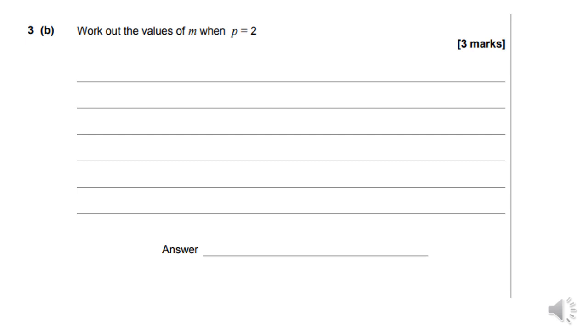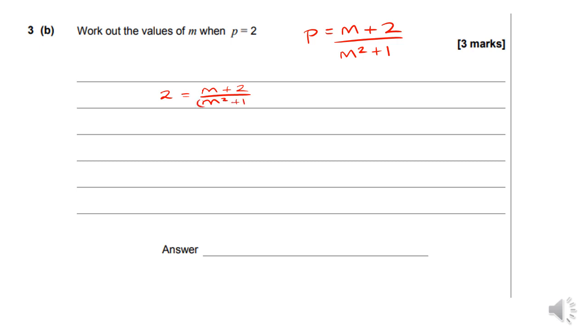3b, a little bit tougher, so I'm just going to jot the formula up here so that I don't forget it. We've got p equal to m plus 2 all divided by m squared plus 1. And again, it's a little bit of substitution and then a bit of solving. So we know that that equals 2, m plus 2 over m squared plus 1.